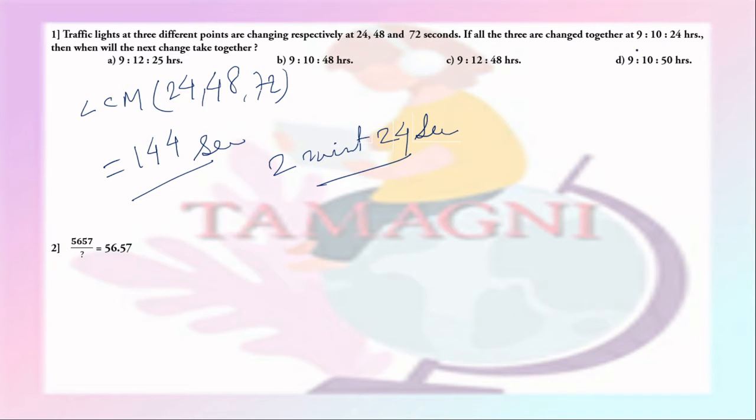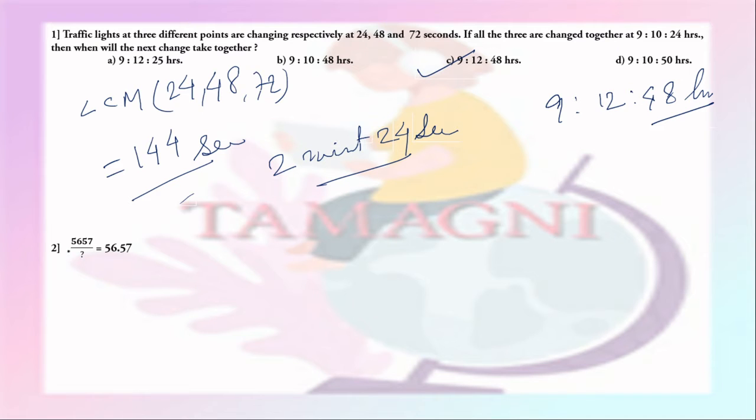So as the lights were changed together at 9:10:24 hours, then after 2 minutes and 24 seconds it will again change together. So the time will be 9:12:48 hours. So at 9:12:48 hours the lights will change together again. So option C is the right answer.